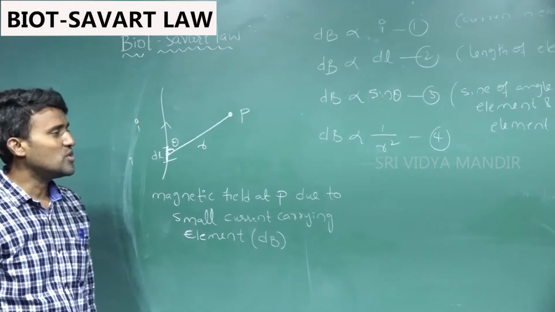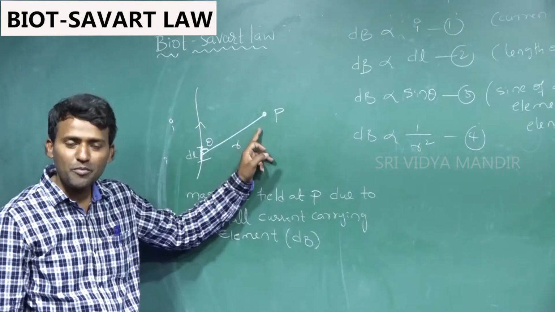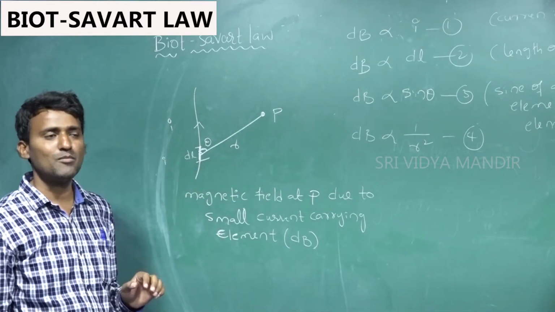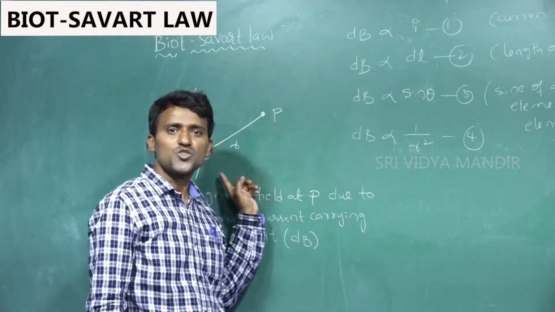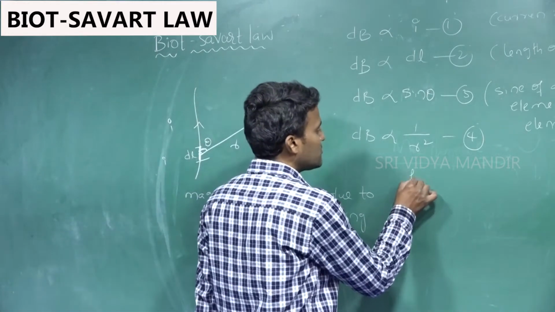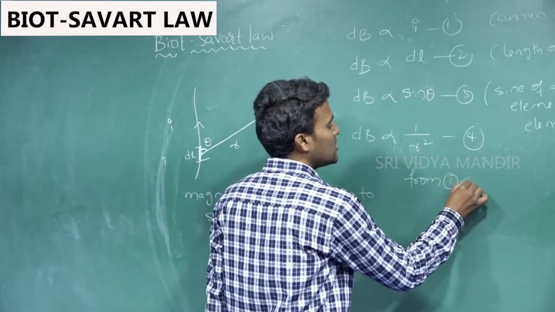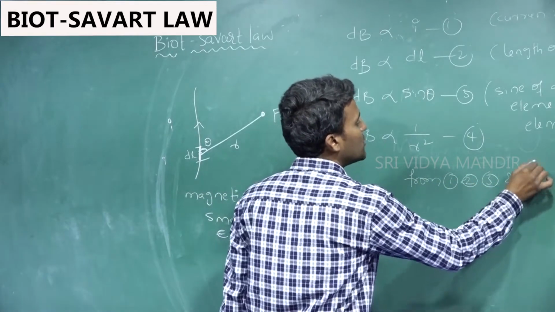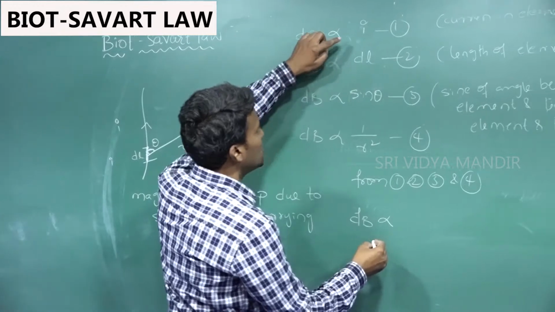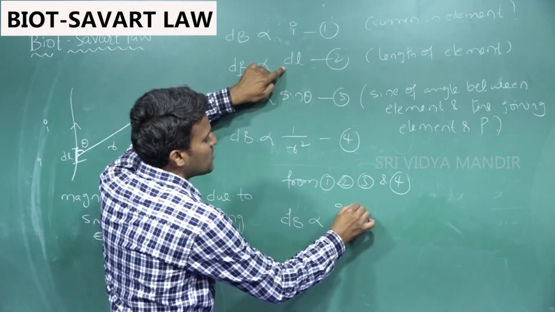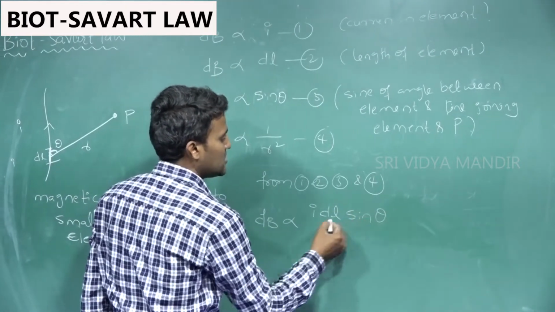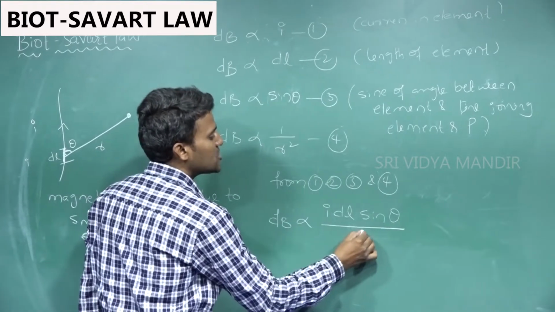So dB, the magnetic field at point P due to the small element, is inversely proportional to the square of the distance. From equations 1, 2, 3 and 4, dB is directly proportional to I, dl and sin theta, divided by the square of the distance.